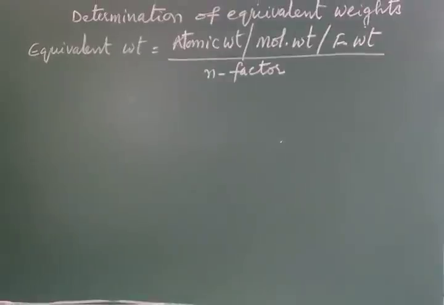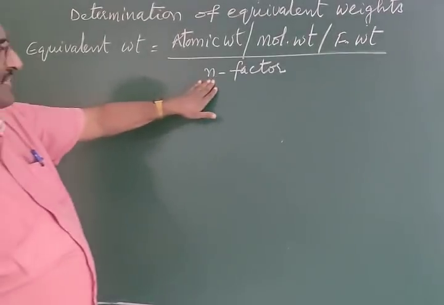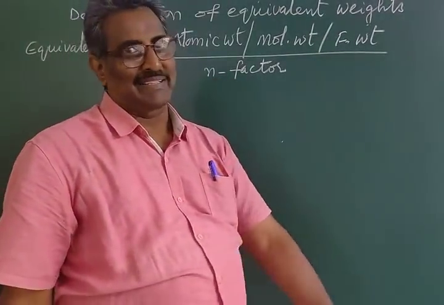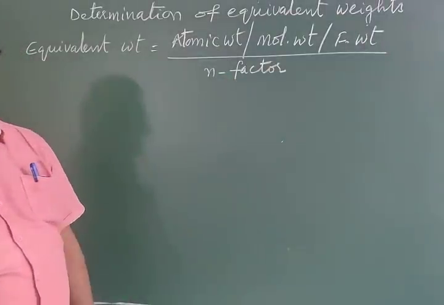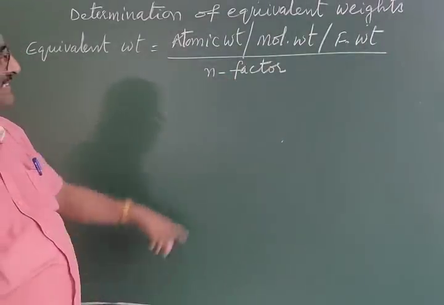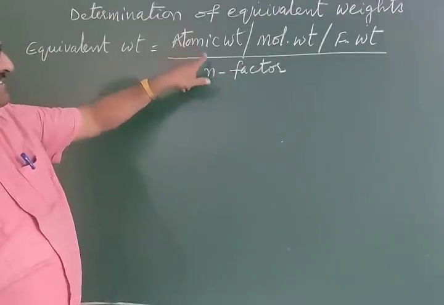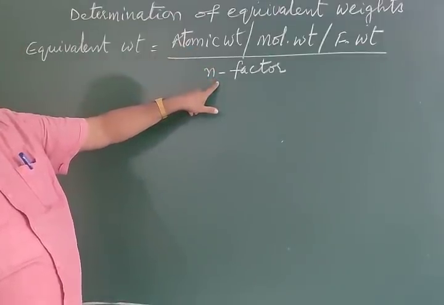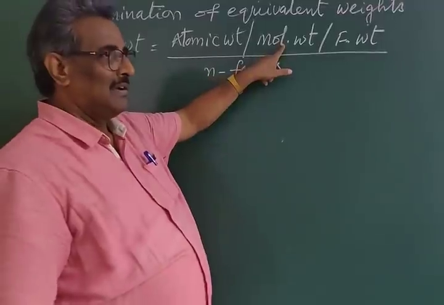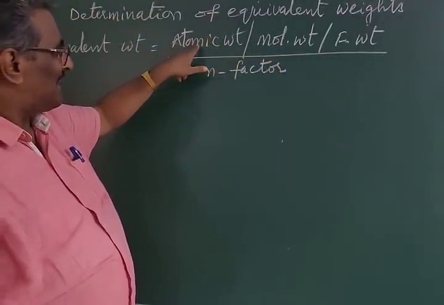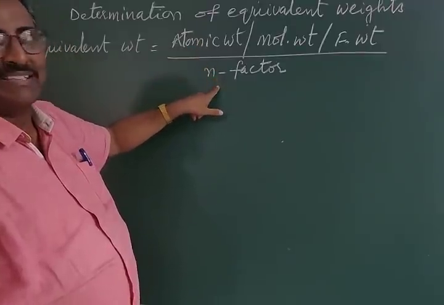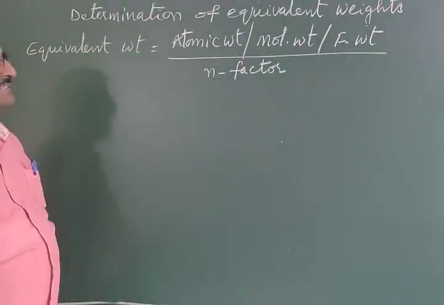What is this n factor? The n factor is the number factor. This is different for different kinds of substances, and is determined in different ways. For atomic substances, that is for elements, the n factor is nothing but valence.